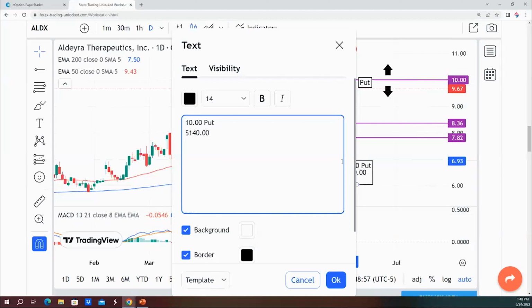And if we get to the target, let's say we get right in the middle, down to $8, that would equal 200 in premium.